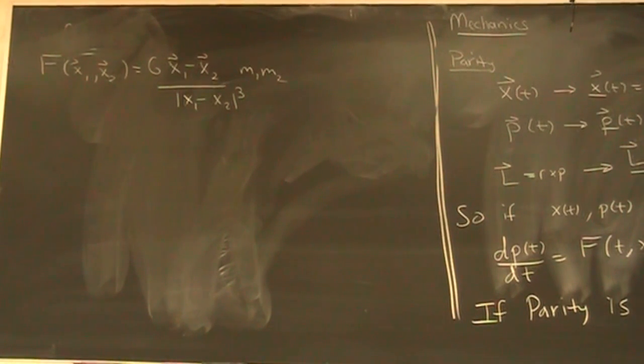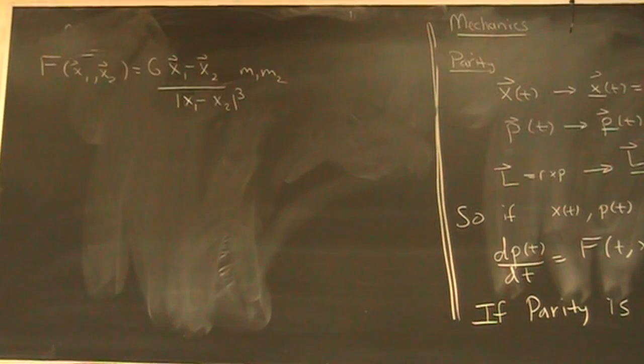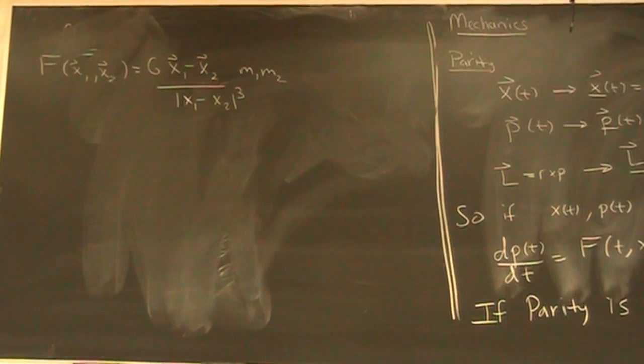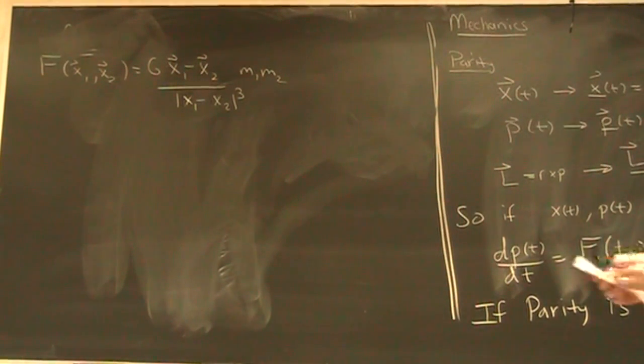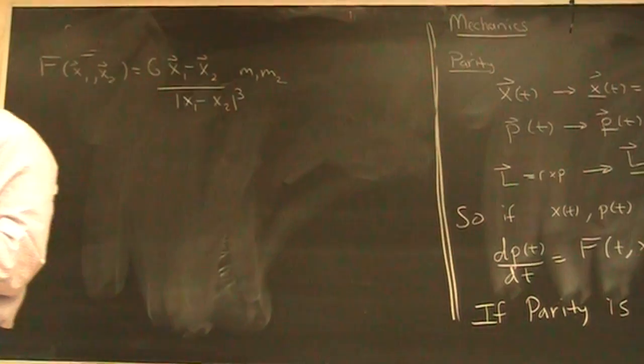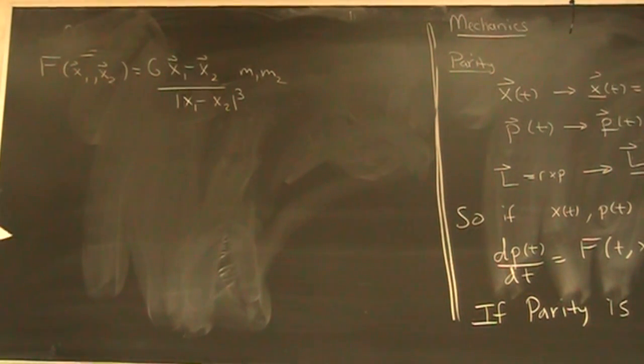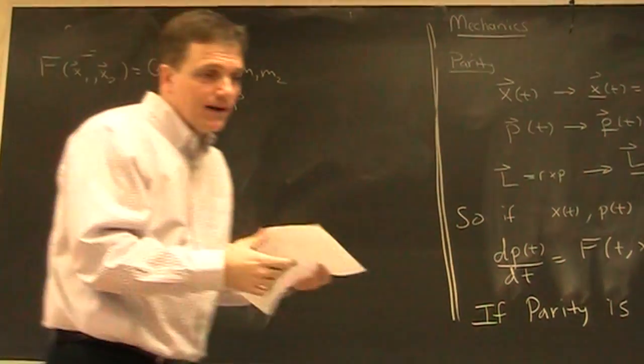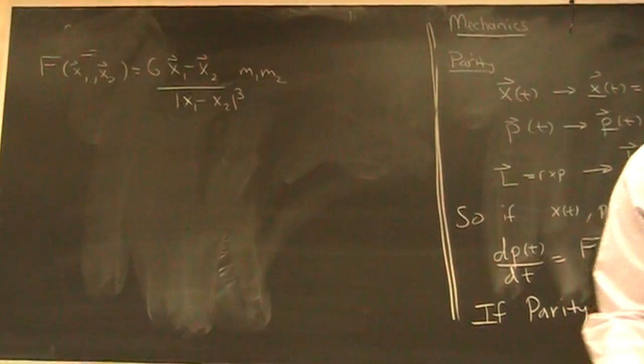It's only if the force is odd under inversion that there's a relationship between the solutions. Of course, we have examples of forces, weak forces, where it's not, and then the solution doesn't tell you anything about the other.